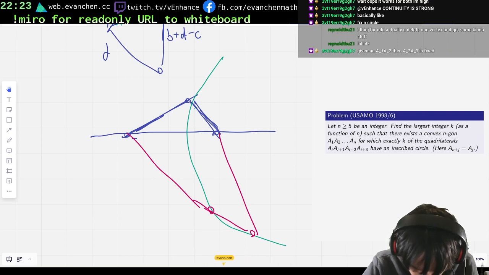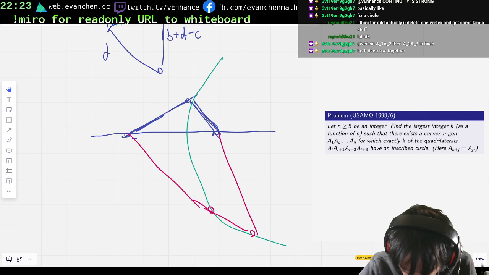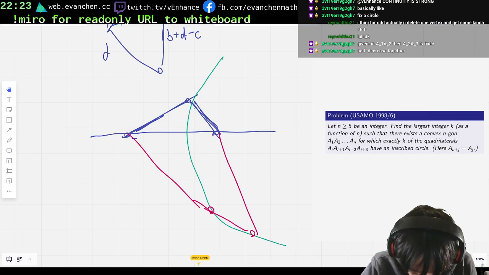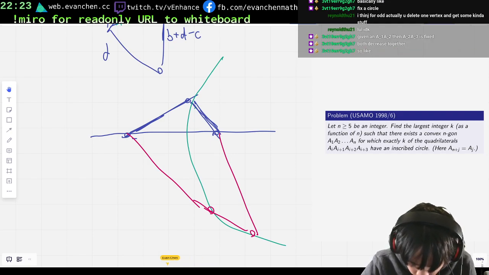You want a construction that looks like this, right? And then you want to make it such that one of the isosceles trapezoids is cyclic. Are any of them cyclic?